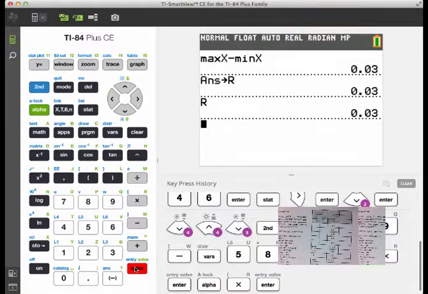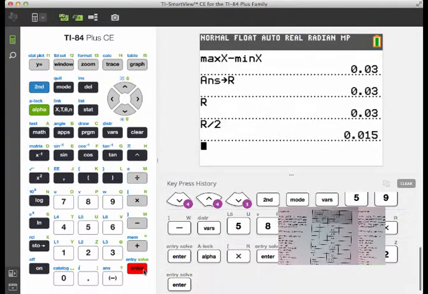The next thing is the absolute uncertainty. The absolute uncertainty is the range divided by 2. So we can now say alpha R divided by 2. And that gives us an absolute uncertainty of 0.015.